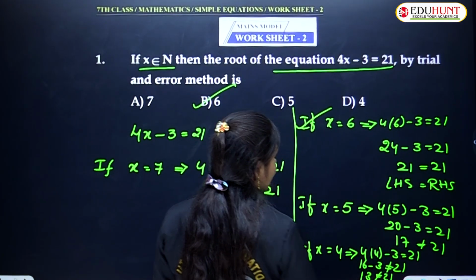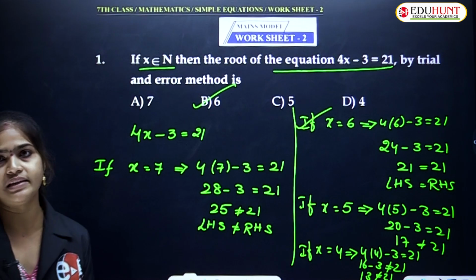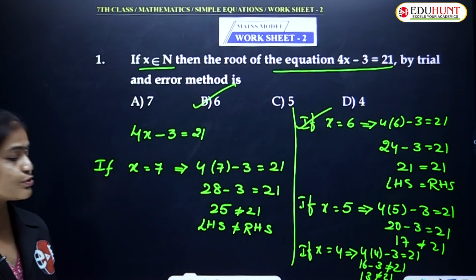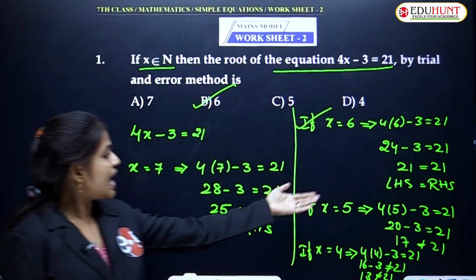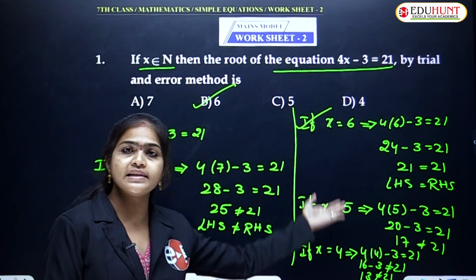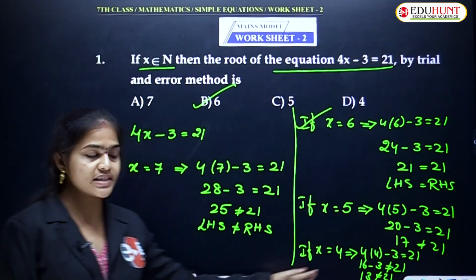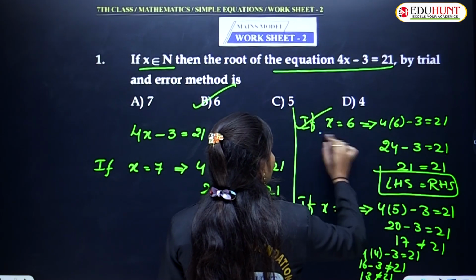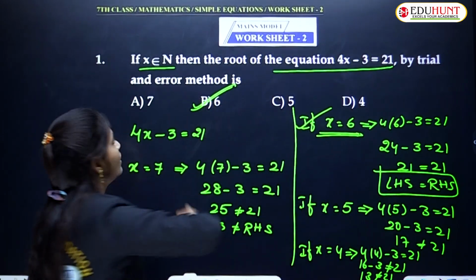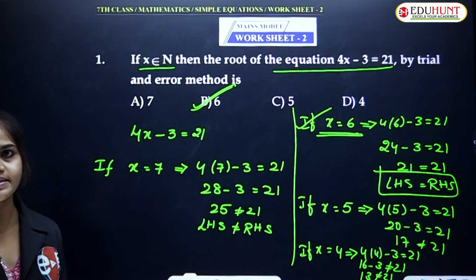In the same way, LHS is not equal to RHS in the remaining two cases also. So which value is satisfying here? Only if x is equal to 6, then only that condition is satisfied.